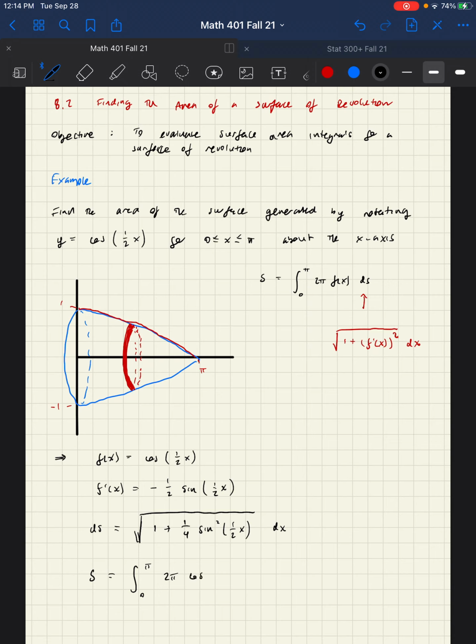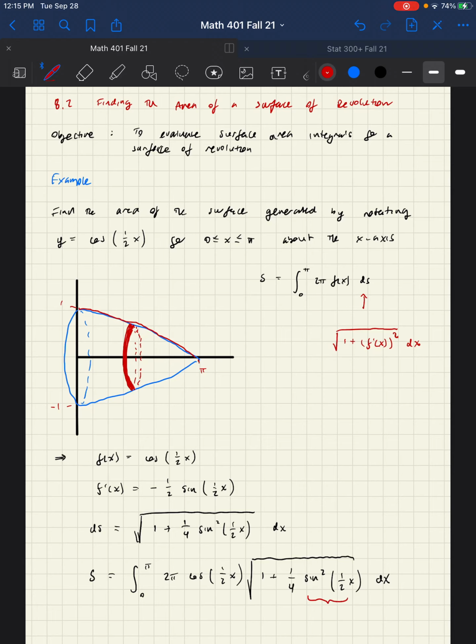Now, we'll plug this into the rest of the surface area calculation. So the integral from 0 to pi of 2 pi times f of x, which is cosine of 1/2 x, times the square root of 1 plus 1/4 sine squared of 1/2 x, all under the square root, dx. Okay, this looks nasty. Don't worry though.